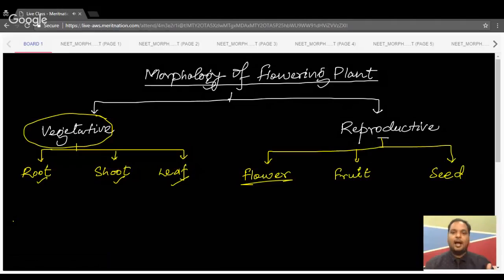There is a lot of knowledge within root, within shoot, within leaf. I have given you a very short description of what you should start with and what you need to learn. First of all, NCERT, everyone. Then try to do questions, and when you see that you have done a good job in NCERT, you can move ahead, getting some extra knowledge.